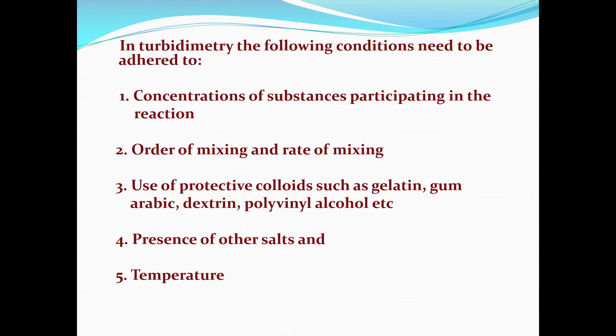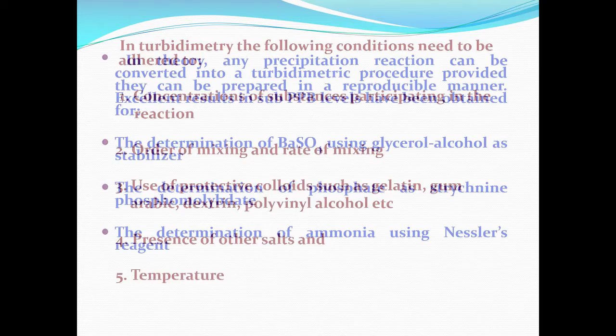You will get lower absorbance, but if the temperature decreases, solubility will decrease, and there will be more particles, more scattering, less transmittance, and you may get a higher reading. So, in all these cases, these 5 parameters one has to look at carefully when making a standard measurement.